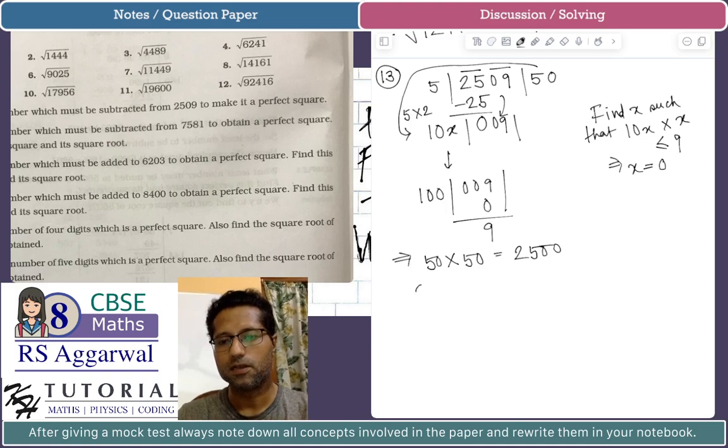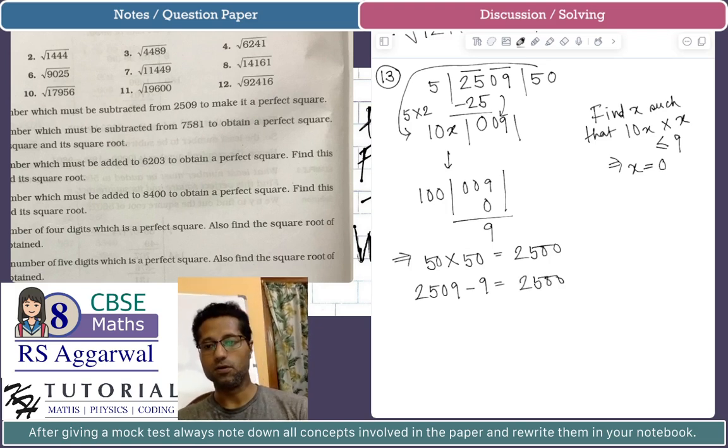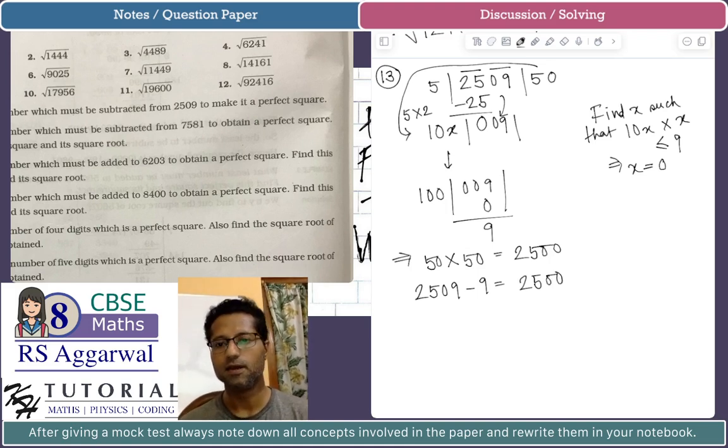If we subtract the remainder from the given number, 2509, we get 2500. So 2500 is a number which is a perfect square, because 50 multiplied by 50 is 2500.